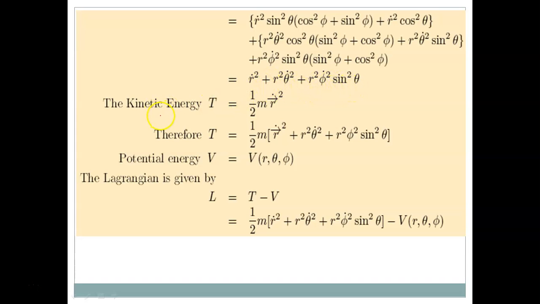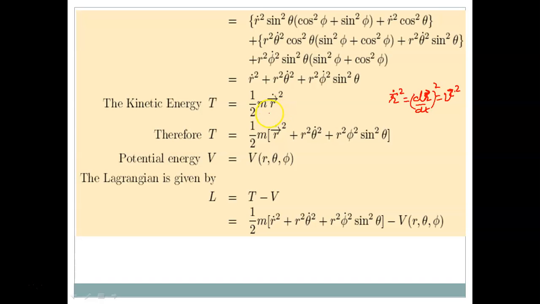And the kinetic energy, you know, is given by half mass into velocity square, because r dot means dr by dt, and its square is in fact the velocity square. So when you put this value, this is the kinetic energy, half into mass into velocity square.